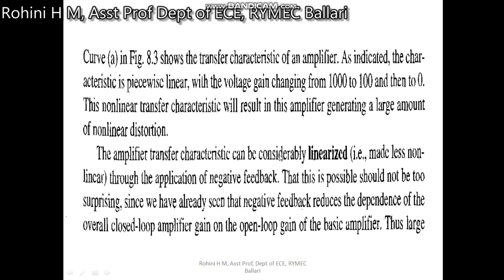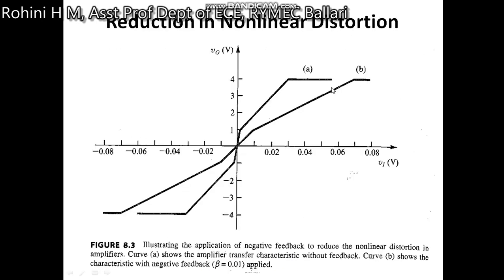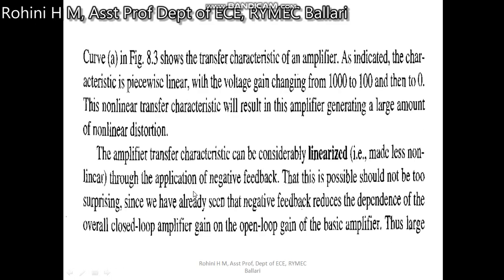The amplifier transfer characteristics can be considerably linearized through the application of negative feedback. So now when the negative feedback is applied, as you can see in curve B, it is almost linearized when you compare with curve A. This should not be too surprising, since we have already seen that negative feedback reduces the dependence of the overall closed loop amplifier gain on the open loop gain of the basic amplifier.